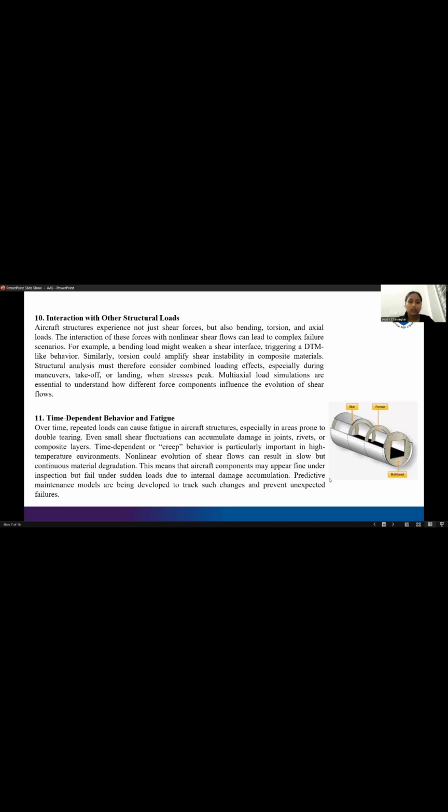Nonlinear evolution of shear flow can result in slow but continuous material degradation. This means that aircraft components may appear fine under inspection but fail under sudden loads due to internal damage accumulation. Predictive maintenance models are being developed to track such changes and prevent unexpected failures.